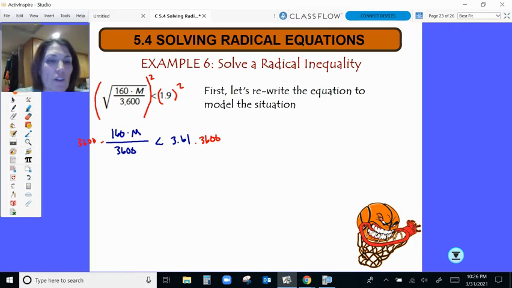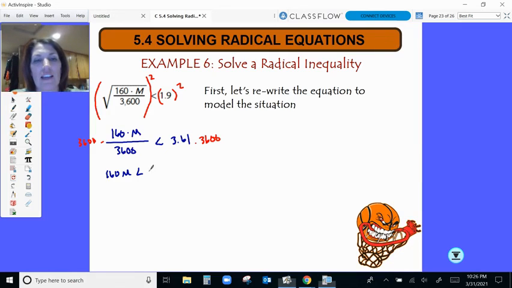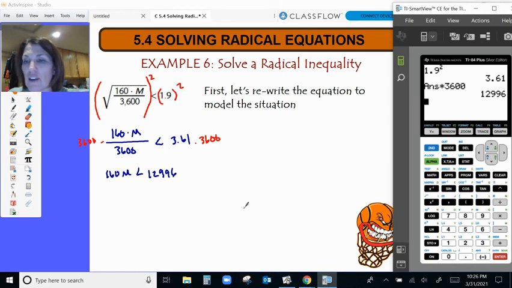Okay, so I'll end up with my 160 m has got to be less than, and I'm going to take this again here and multiply by 3600. So 12,996. Double check that. 12,996, okay? And then we're going to go ahead and divide by 160.